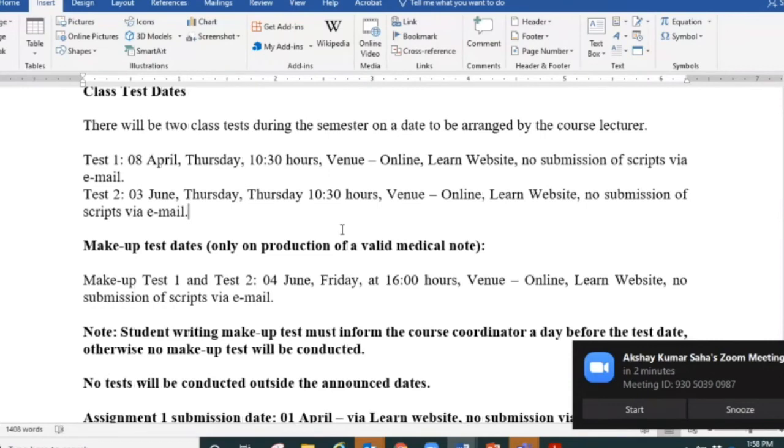So I might miss it, and if I miss it, what will happen? Nothing will happen to me. You might just end up failing, and then when we discover it, it's too late, and it will create a lot of pressure on both of us, you and me. So that's why I'll give you enough time to submit it via the learning website, so that we don't have to go through that email option.